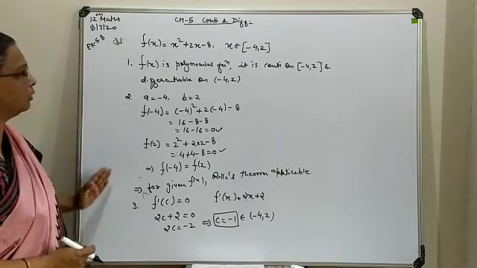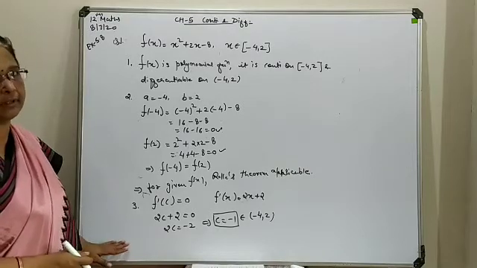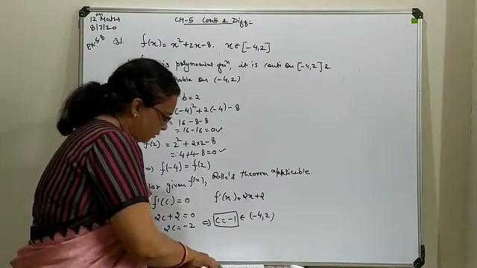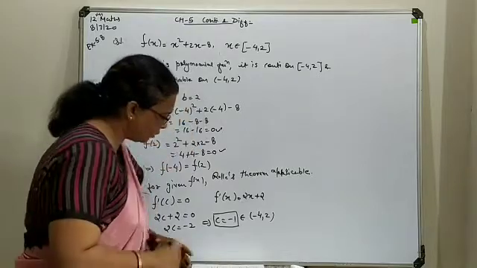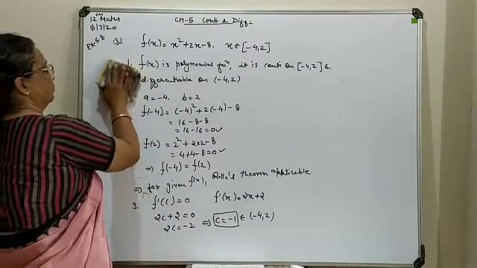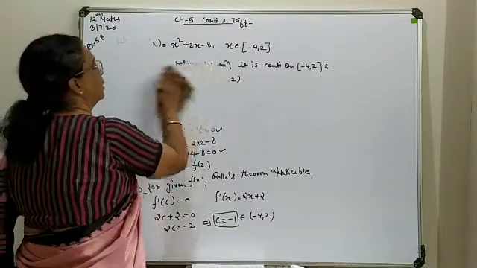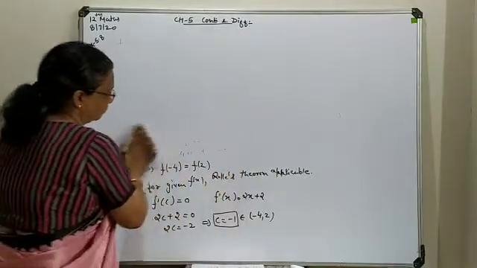This way Rolle's theorem can be verified and the value of c found for a given interval. Now we move towards question number 2, in which some different types of functions are defined, and you have to check whether the theorem is applicable or not.